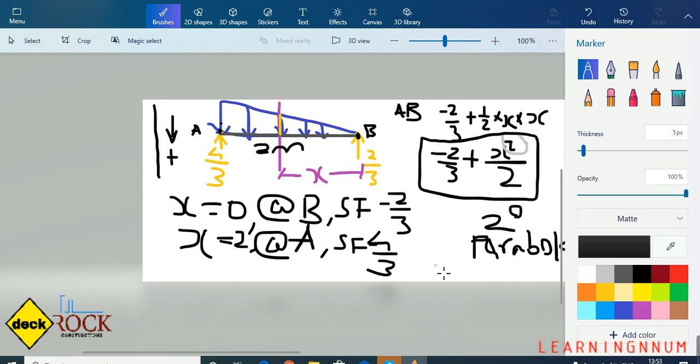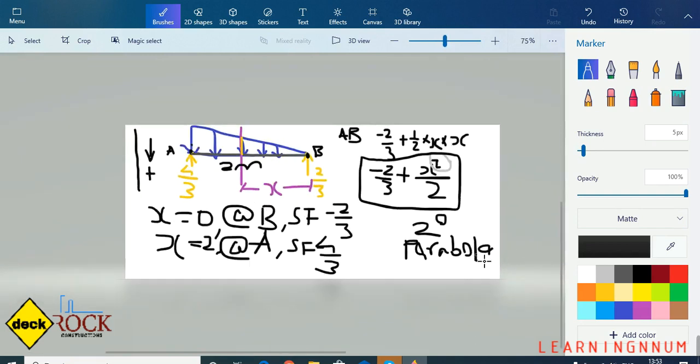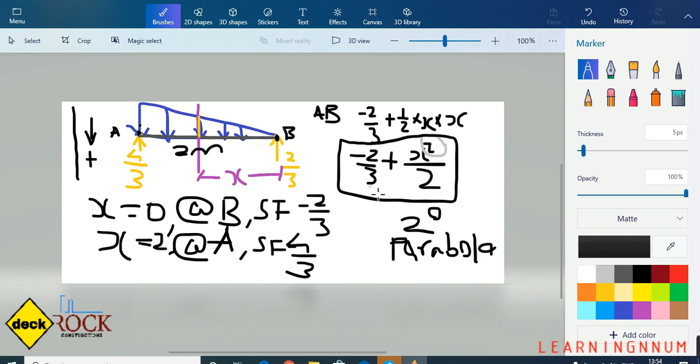Understood? Yes, sir. Yeah. So you got these two values and you got the variation. How this shear force is varying in the region of AB? Parabolically. Okay. Now we will draw this SFD exactly below the FBD.